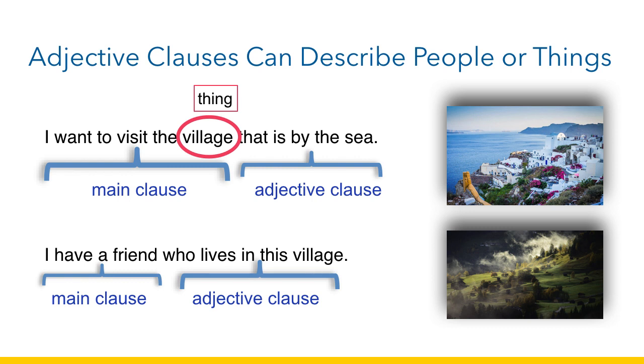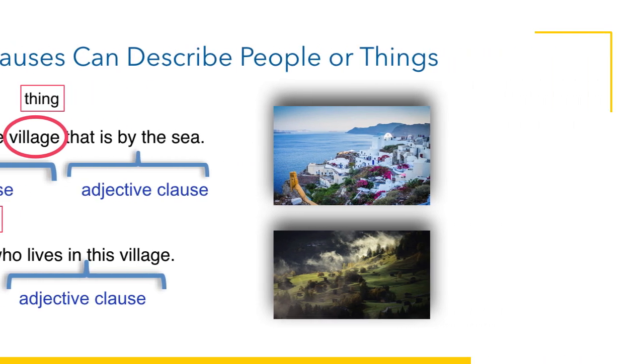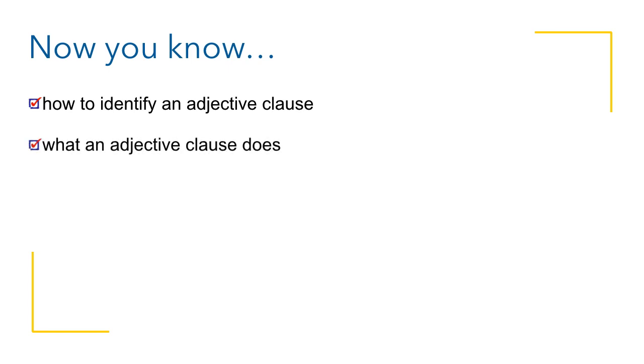In the second sentence, I have a friend who lives in this village. Friend is a person, and the adjective clause is telling us more about this person. That was easy, right? Now you know how to identify an adjective clause, and you know what an adjective clause does.